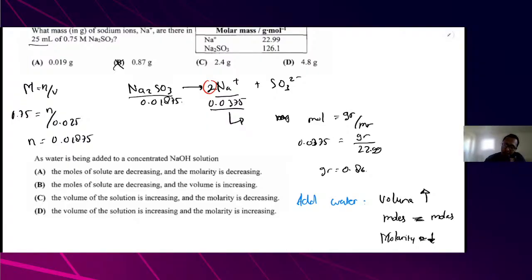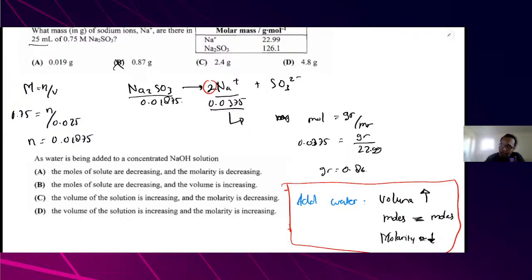Remember this concept. When you add water, the volume will increase, right? And since the solute is spread out in more water, the molarity decreases.